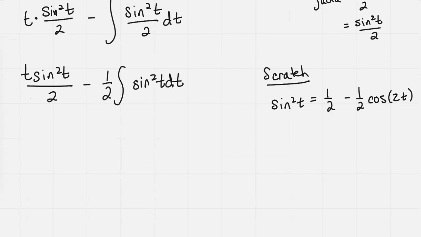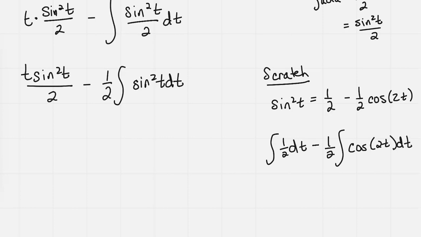And so if I were to find the integral of that, that would actually be the integral of 1/2 dt minus 1/2 integral cosine of 2t dt. And then when I find the antiderivatives, I get 1/2 t minus 1/2, and you could do another u sub to try and figure this out, but I've done enough of them.